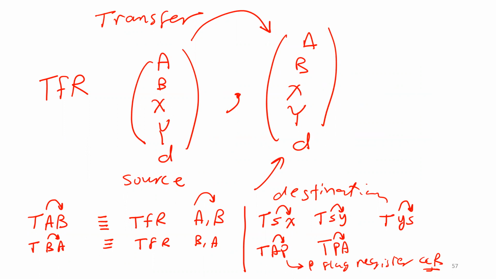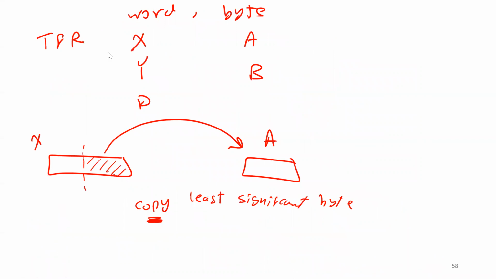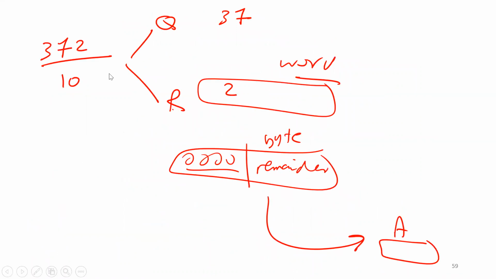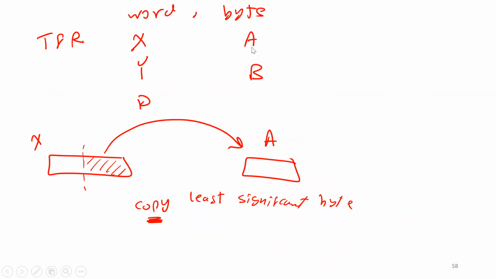Yes. Okay, so what I'm saying here, yes, you can copy a byte to a word, and you can copy a word to a byte. How? I have to tell you how, because it doesn't seem to make sense since the size is different. So, for example, how can you transfer or copy a word to a byte?